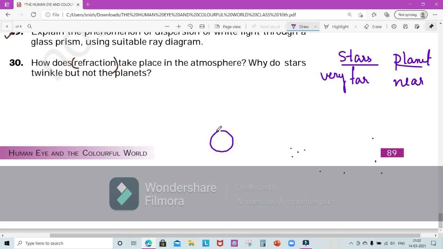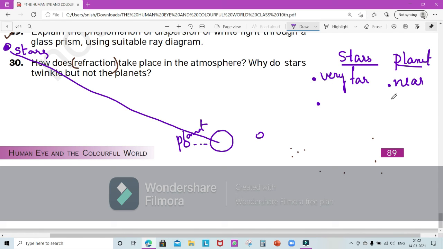If this is the Earth, we'll find Venus and Mars over here, just showing, but stars are somewhere here. This is a star, this is a star, but here are the planets. So this distance and this distance are very, very far. That's the first reason that can be put forth.